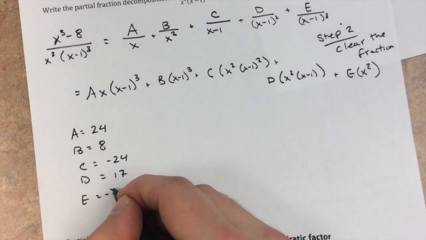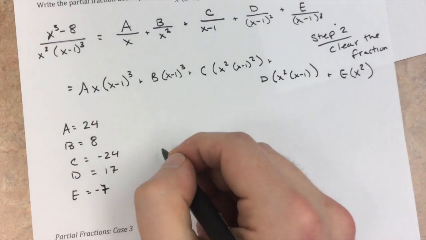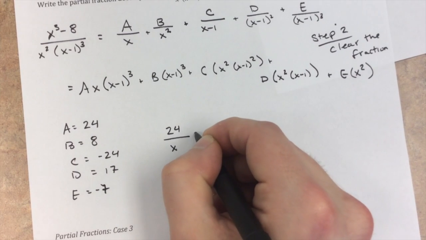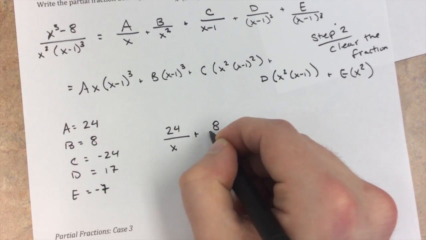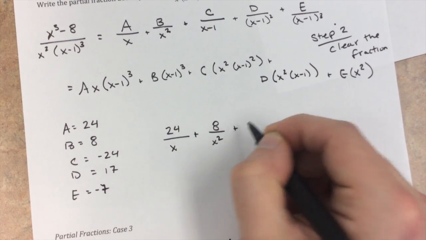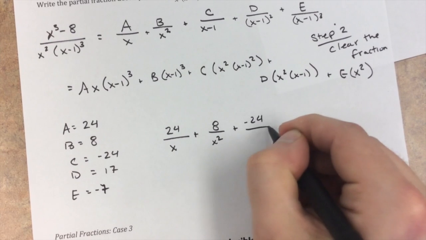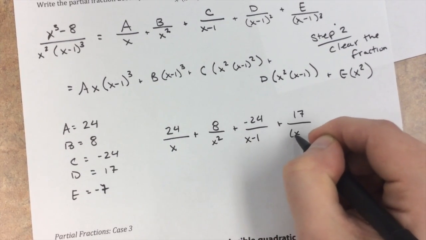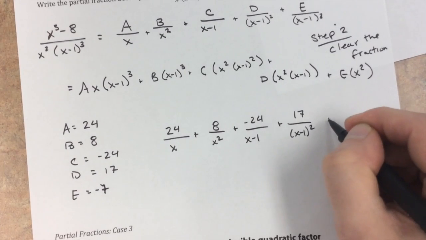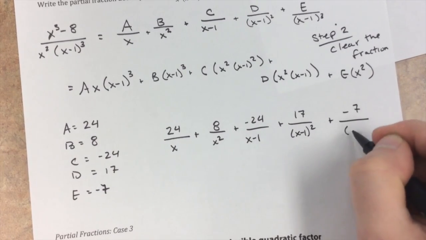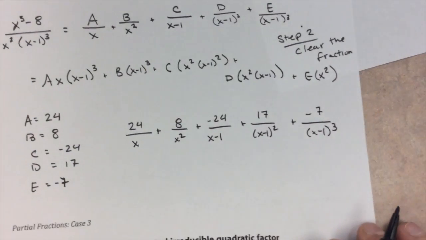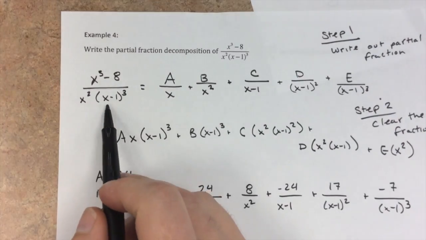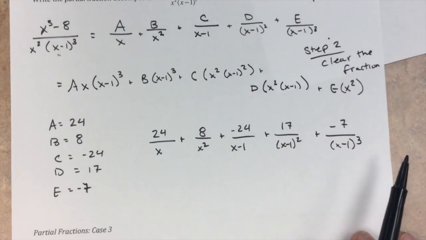So that means our partial fraction decomposition would be 24 over x plus 8 over x squared plus negative 24 over x minus 1 plus 17 over x minus 1 squared plus negative 7 over x minus 1 cubed. So a lot of work just to expand out this simple expression.